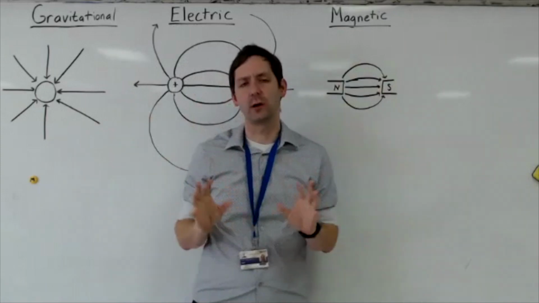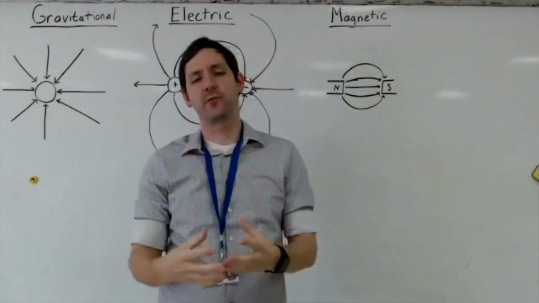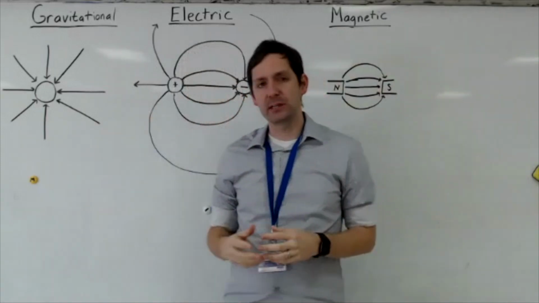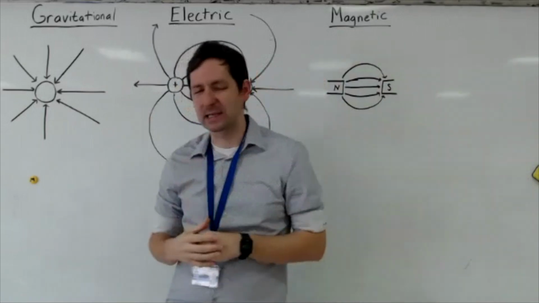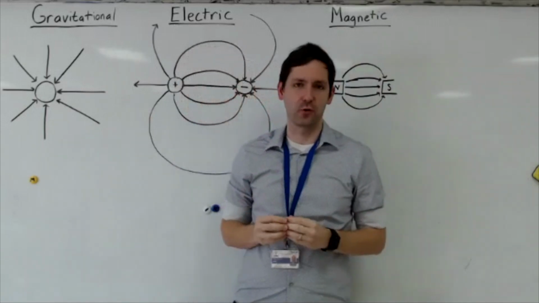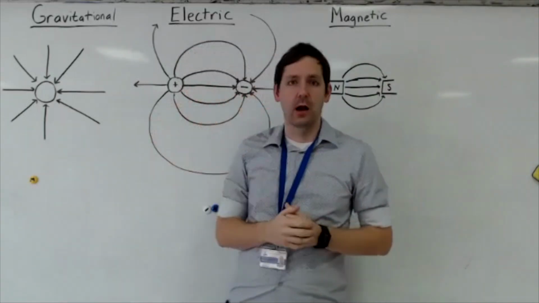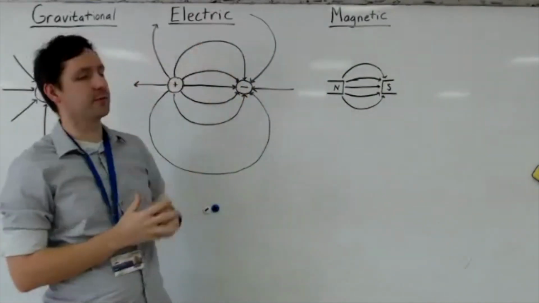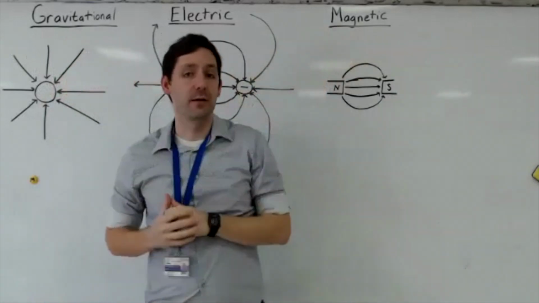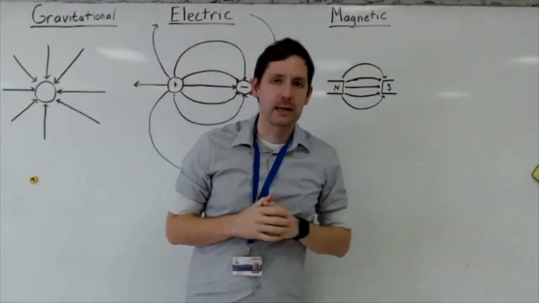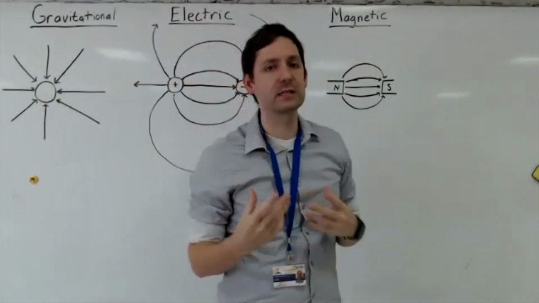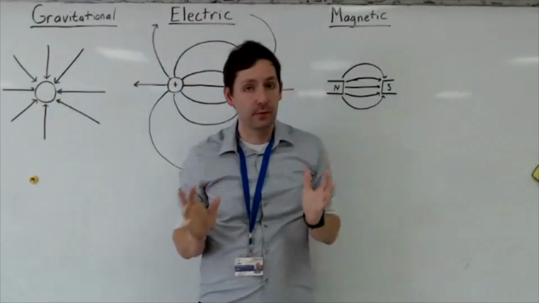Those forces don't happen anymore. It's only the forces that are acting right now. And we talked in passing of 3 non-contact forces that we need to be aware of. We talked about gravity. We talked about the electric force, and we talked about the magnetic force. All 3 of these can be explained using what we call field theory.